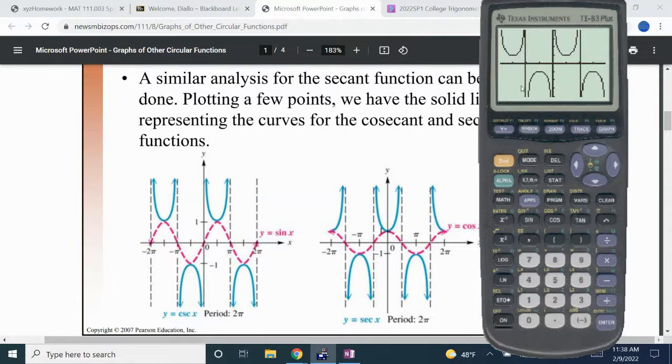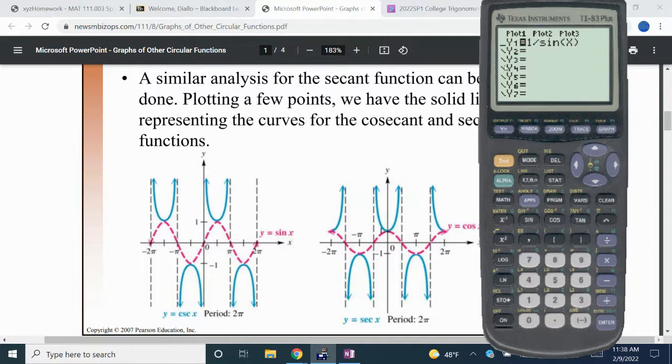I believe if you have a TI-84 or higher, you don't actually see these vertical lines. I can take these vertical lines out if I go to y equals and scroll to the far left. I'm going to hit enter once, twice, 3 times, 4 times, 5 times, and 6 times.